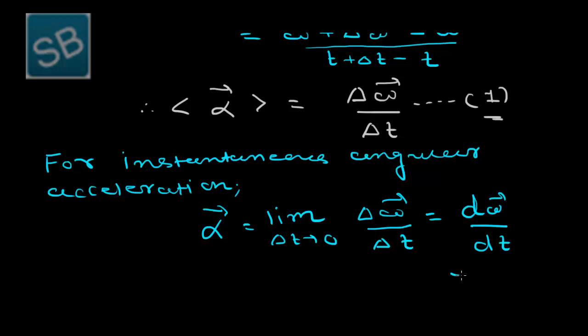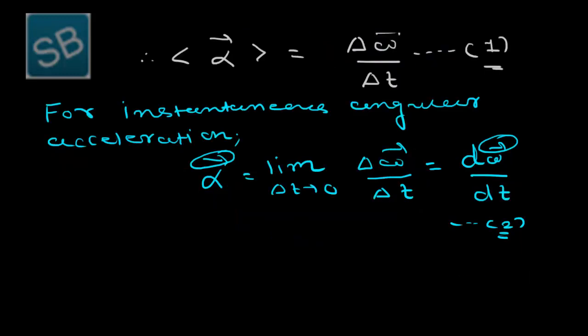Now here, if you see, the direction of angular acceleration is the same as the direction of angular velocity. So the directions are the same, and hence in this particular case it is not necessary to determine the direction.